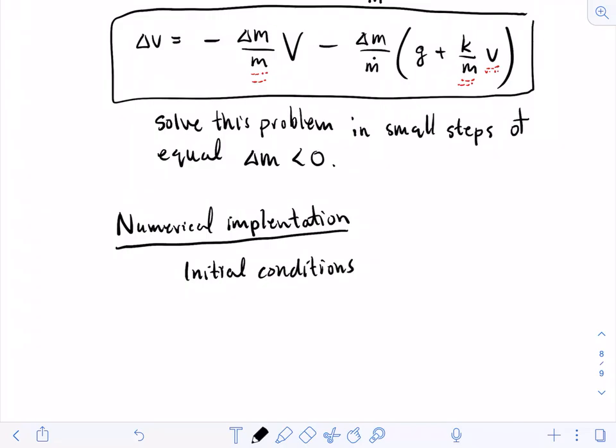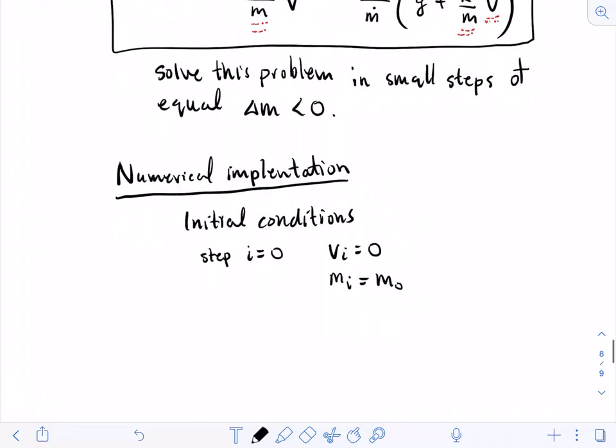So the initial conditions are, say for step i equal to 0, we would have, say, vi is equal to 0. Maybe we're launching our rocket from the surface of the Earth, and mi is going to be some initial mass, whatever it is.